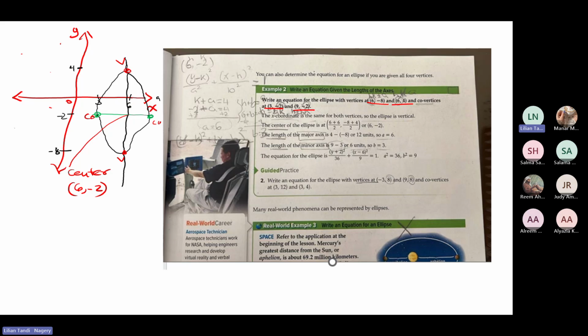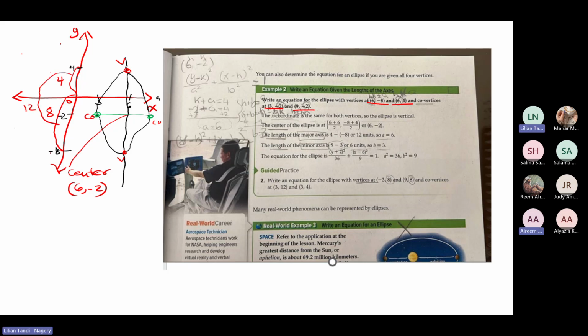What is the length from V1 to V2? From 4 to 0 is 4. And from 0 to -8 is how much? 8. So altogether is how much? 12.